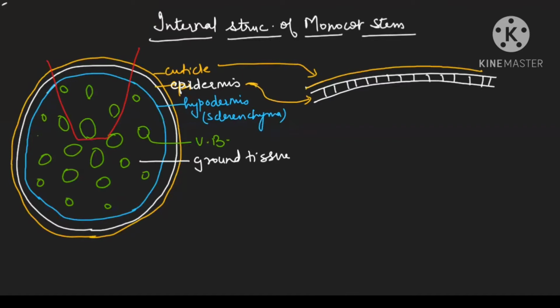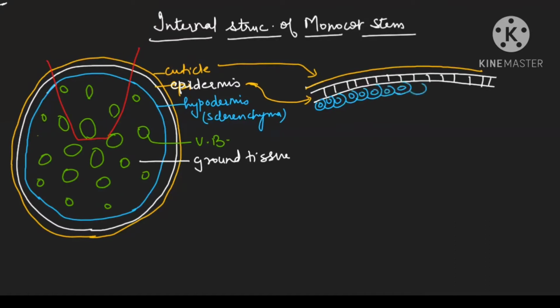See, this is hypodermis. We are drawing a double wall to indicate the cells are dead because of the deposition of lignin. There are 2-3 layers of sclerenchymatous hypodermis.